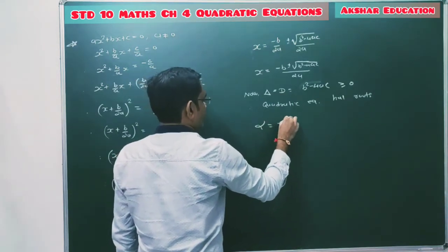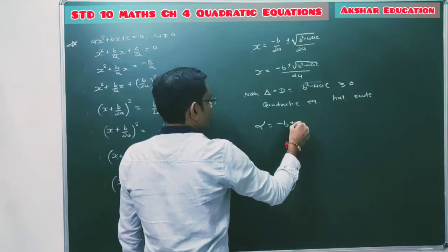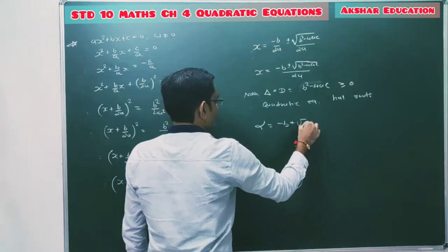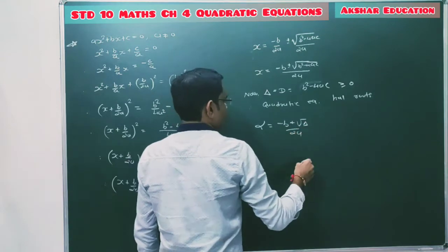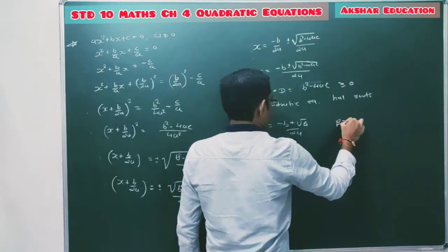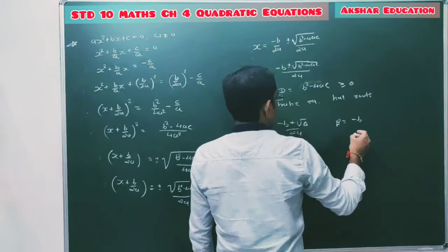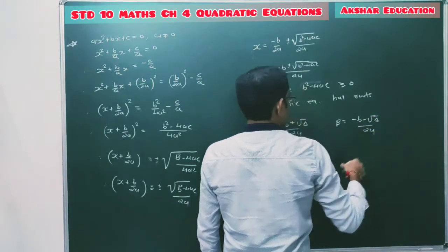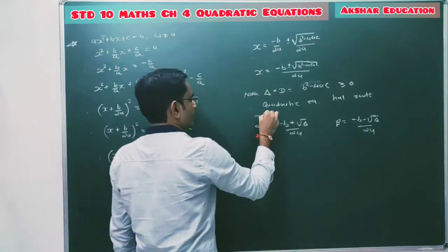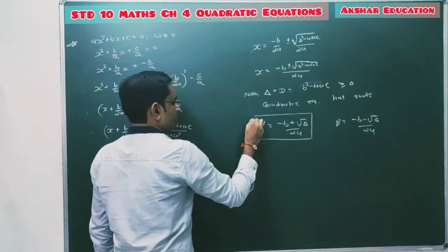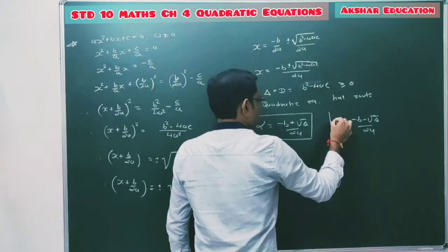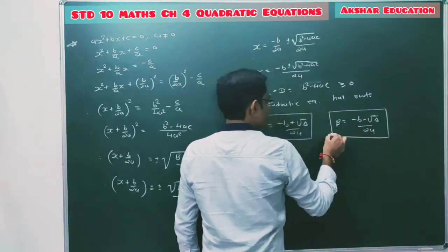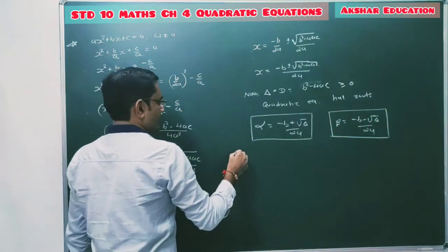Alpha is minus b plus square root of delta by 2a, and the second root is beta, which is minus b minus square root of delta upon 2a. Done. So this is known as the general formula, Sridharacharya's rule. The quadratic formula is also known as Sridharacharya's rule.